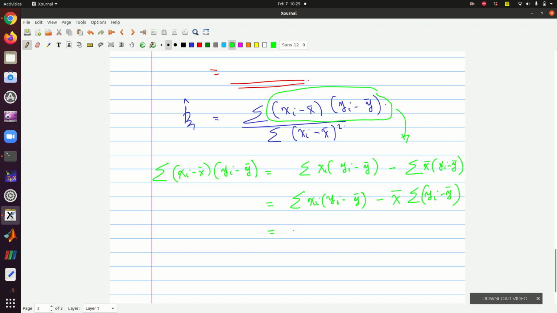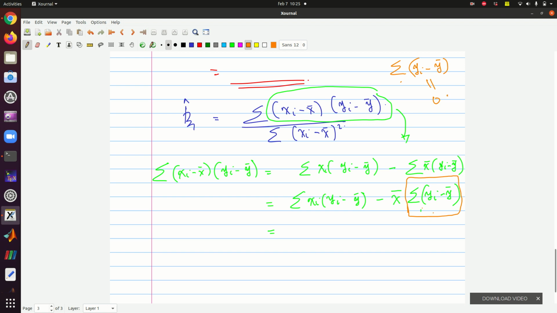And so what else do we know here? We know actually that if you take the sum of these values here, the summation of each value, and then you subtract the mean, if you take the summation of all this, it is always 0.